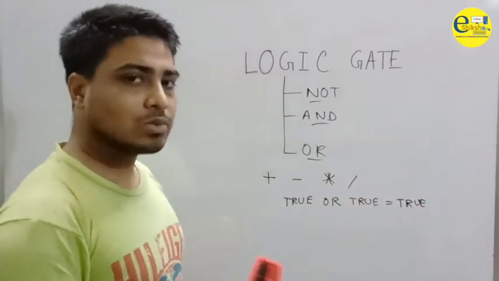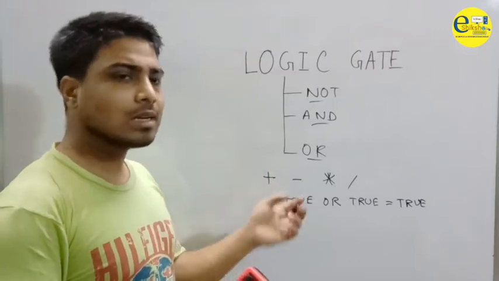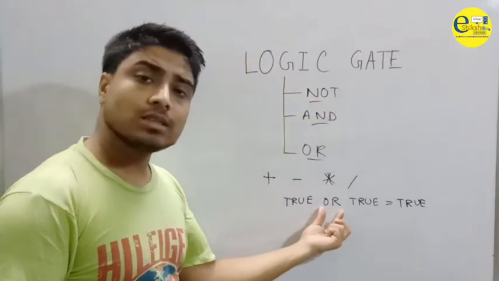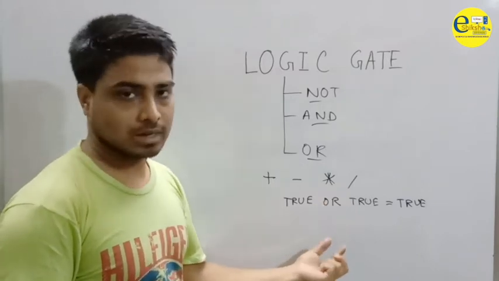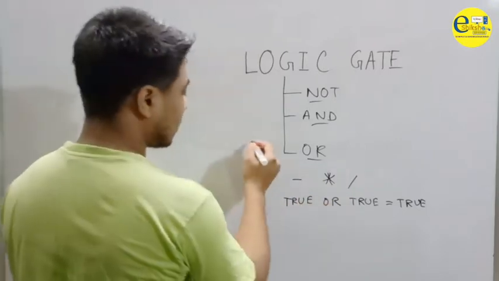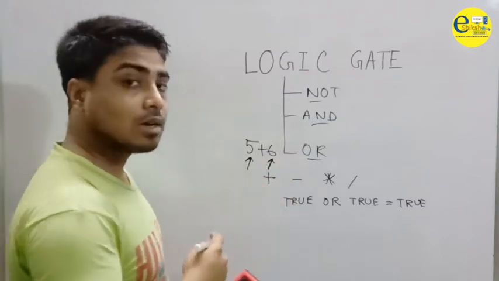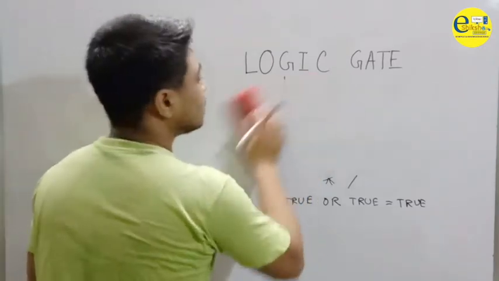I know it is a little confusing, so just keep in mind that logic implies logical operator. This is the operator, and these are called operands, like 5 plus 6. Here 5 and 6 are operands and plus is the operator. So let's move on.